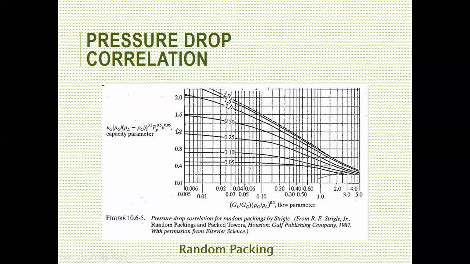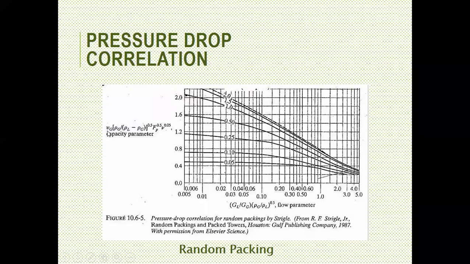So if you have read already the capacity parameter here on the vertical axis, you just substitute the values of the densities here and the packing factor again. And this one is the kinematic viscosity, in centistokes, which will use your viscosity and density for its value to be known. And if all this data, density, packing factor, and kinematic viscosity were already determined, then with the value that you have read here, you can determine already the linear velocity of the gas when the column is flooded.